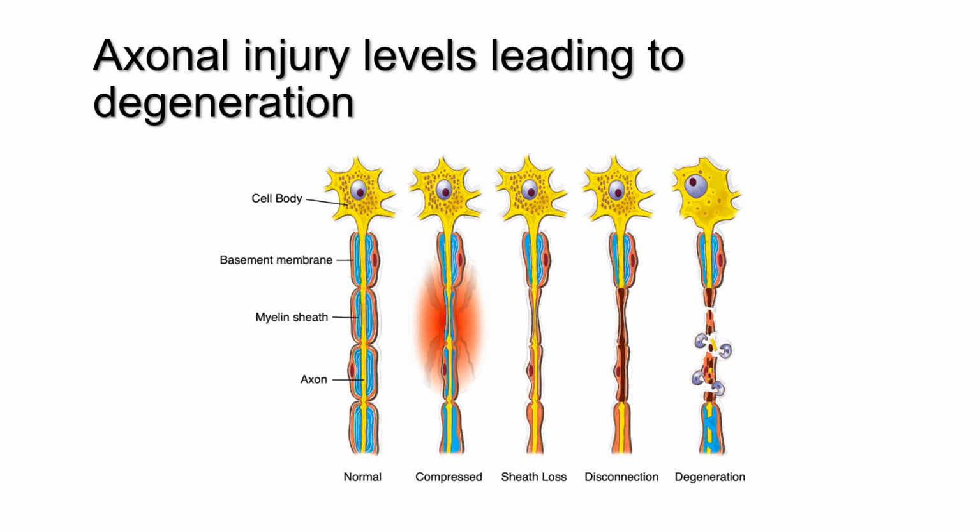So there are multiple ways that axons can be injured. I've already talked about the idea of diffuse axonal injury in case of shear stress, that is a concussion. But you can also have issues of ischemia and other things that can lead to degeneration.